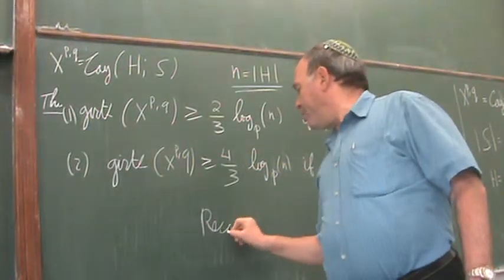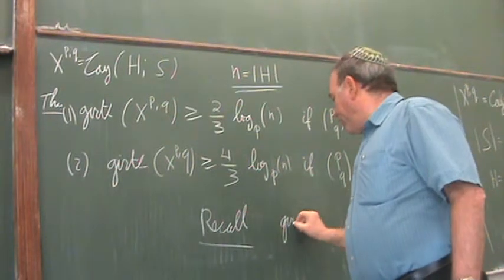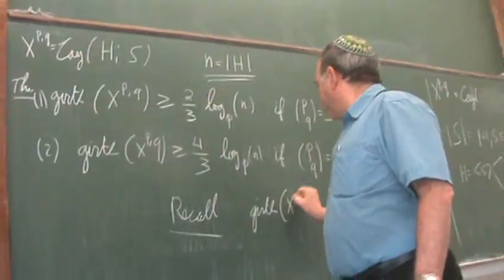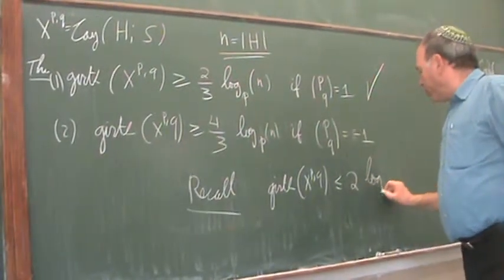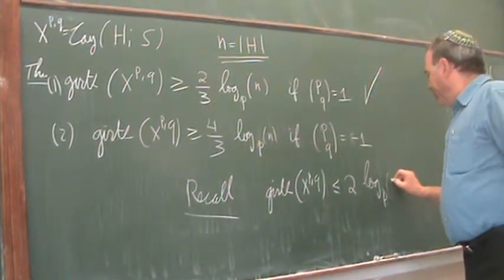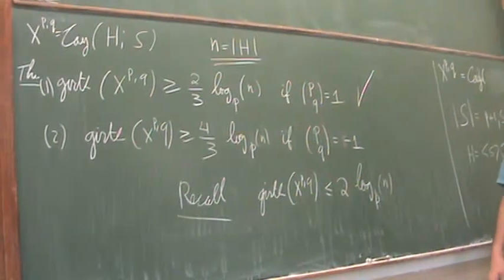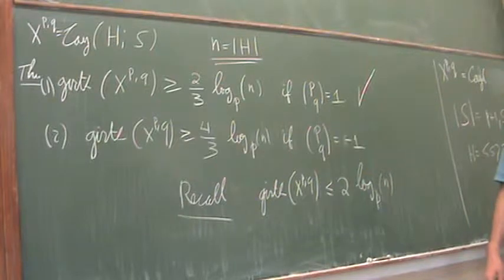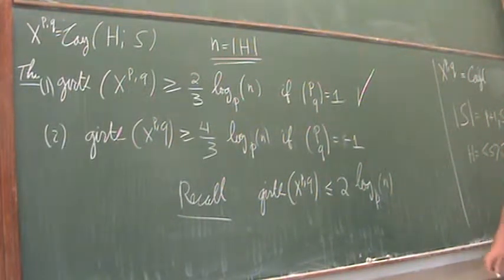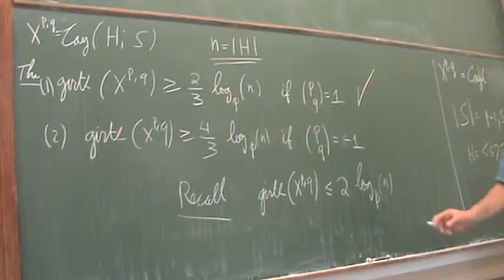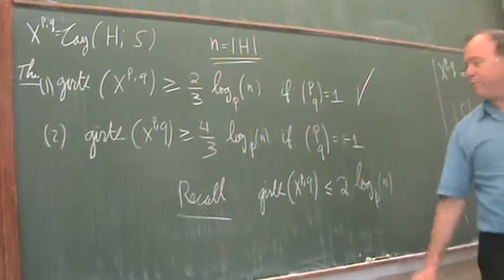And recall that the girth of X_{p,q} is at most 2 log_p of N. That's a very simple, I think Moore inequality it's called, but it's a trivial exercise, I showed you that. And it's a big open problem: can you really improve this to a smaller one?